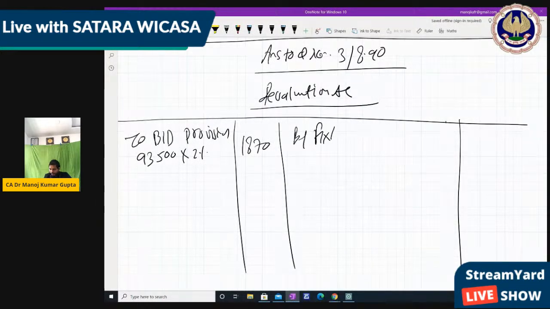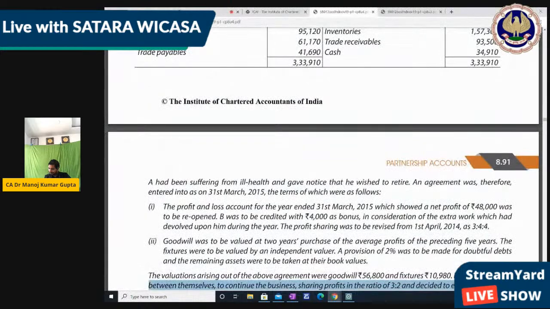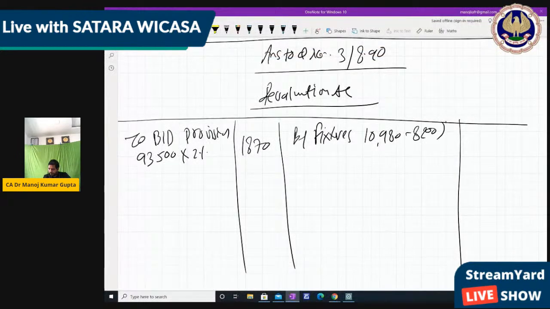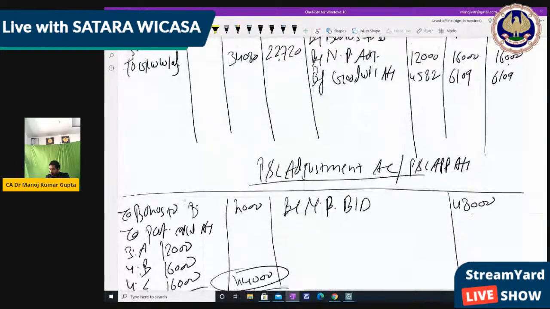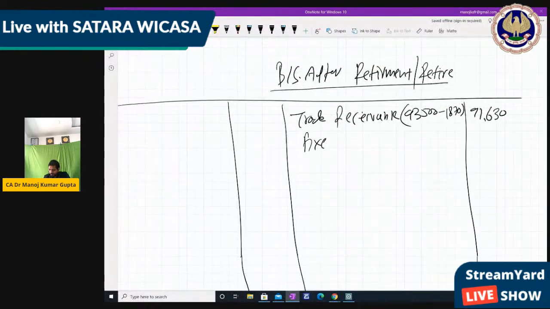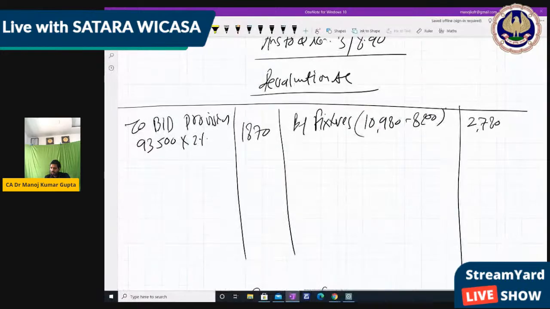By fixtures 10,980 minus 8,200. So the value increase is 2,780, right? So we write immediately fixtures in the books, in the balance sheet also, so that the balance sheet gets tallied. Fixtures 10,980, right? So 10,980 is the new value.